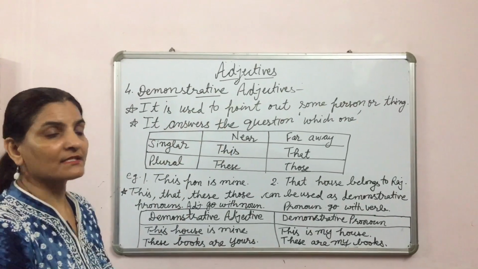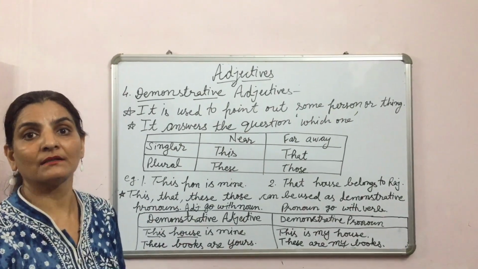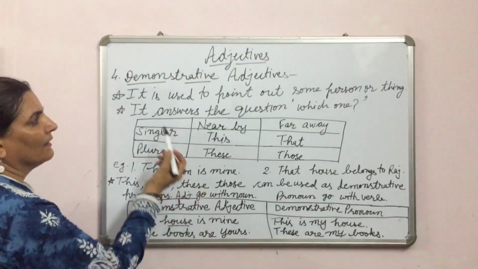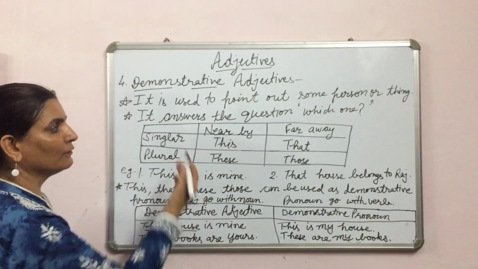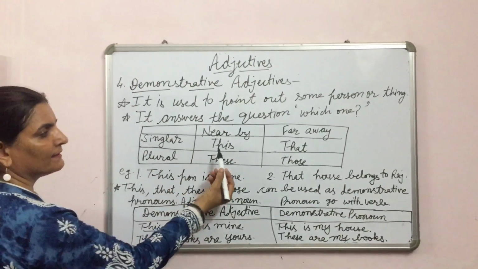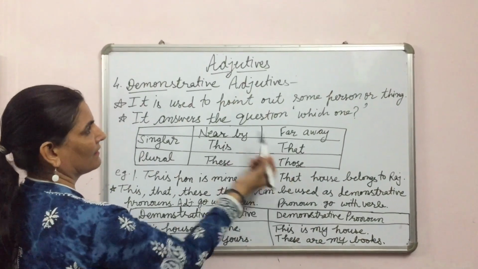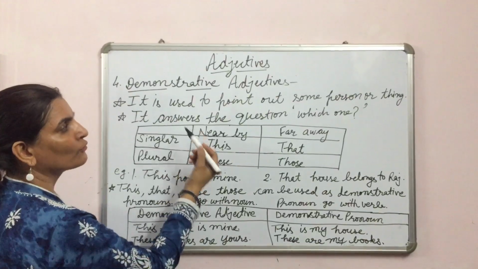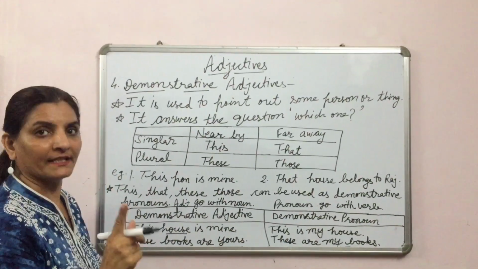Demonstrative adjectives are used to point out some person or things. It answers the question which one. Look at the table. This and that are used to point out a singular person or thing.